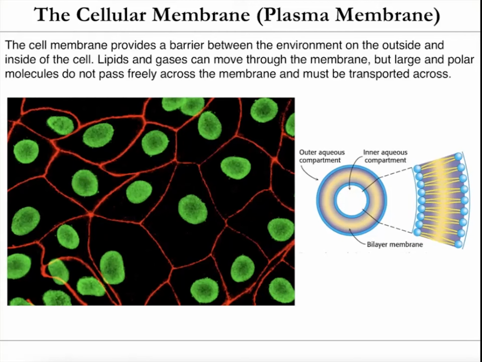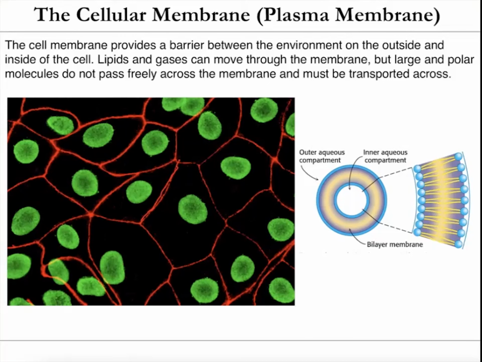It provides a barrier between the environment outside the cell and the environment inside. Lipids and gases can move through that membrane, but importantly, very large or polar molecules do not pass freely across it. They have to be transported across, or diffusion will take over and eventually even things out. But that lipid membrane provides a barrier around the cells.